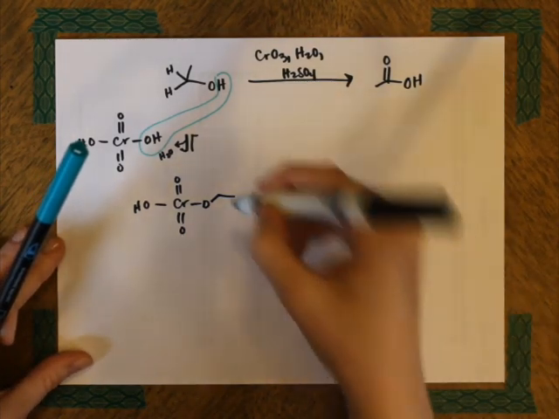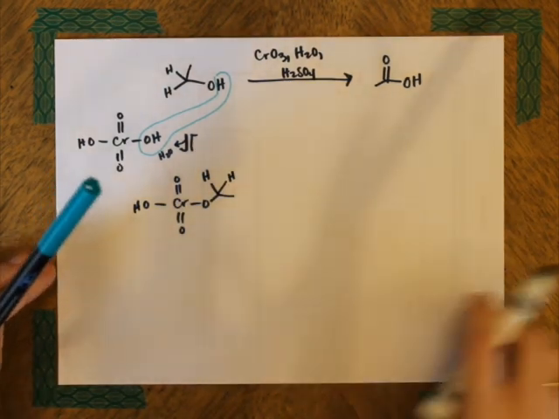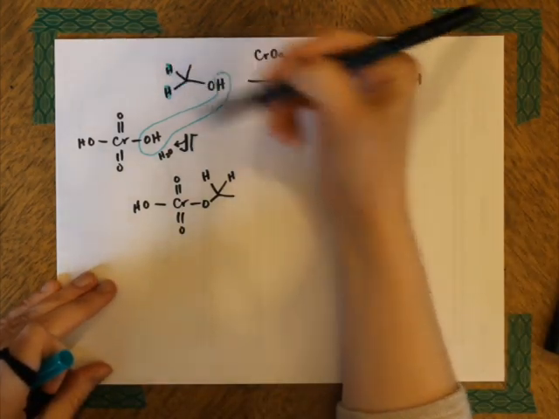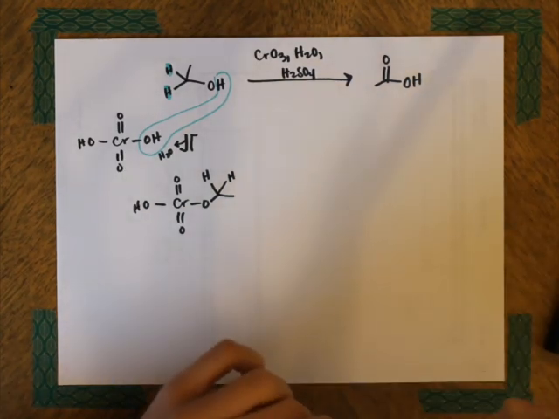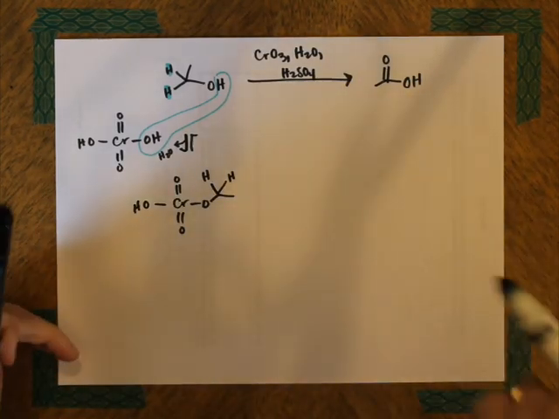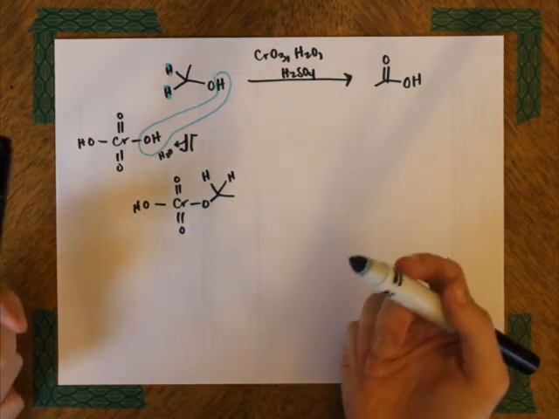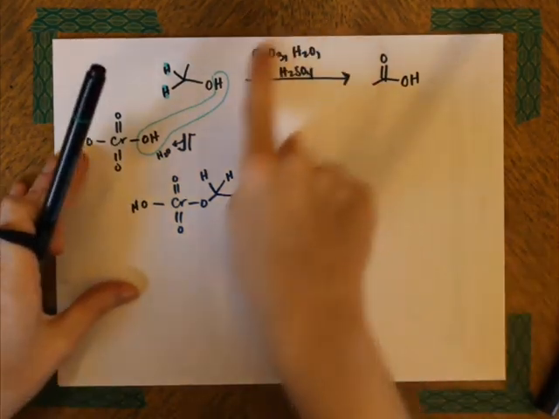Once these guys become connected, we need to start thinking about removing one of these protons, because these protons are the things that are going to get lost to make the acetic acid. So what could remove those protons? Removing a proton, that's an acid-base reaction, right? So what is basic in the solution that I already gave you?